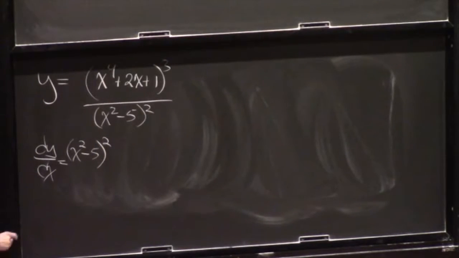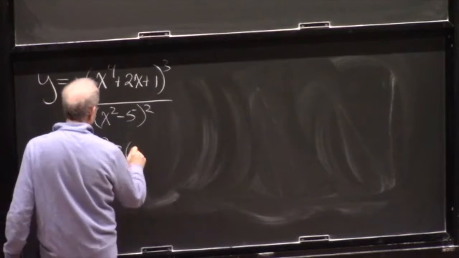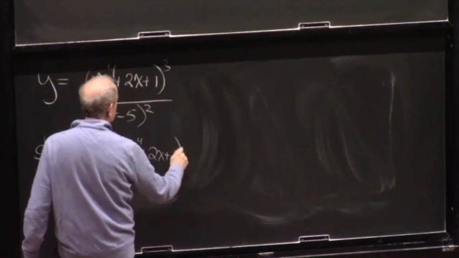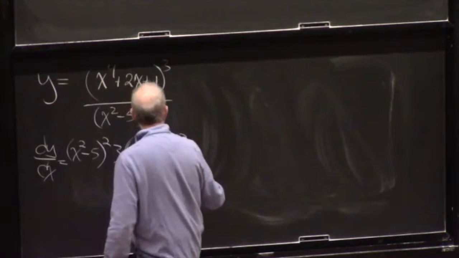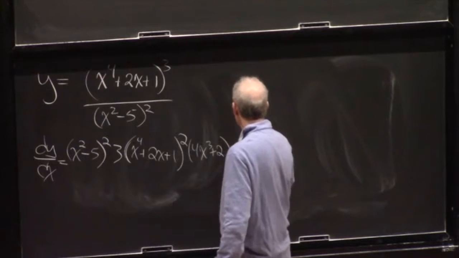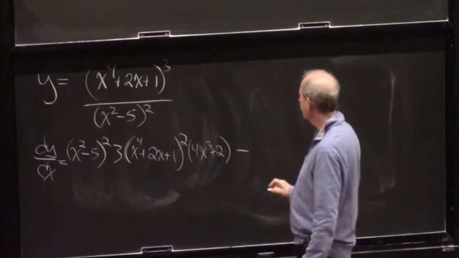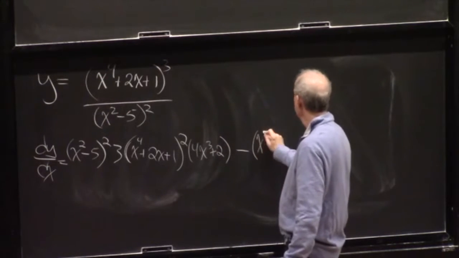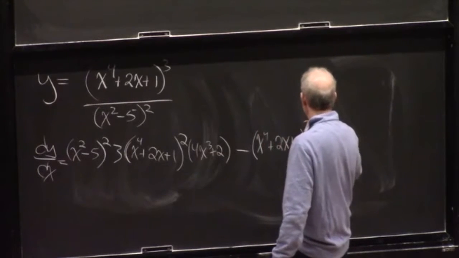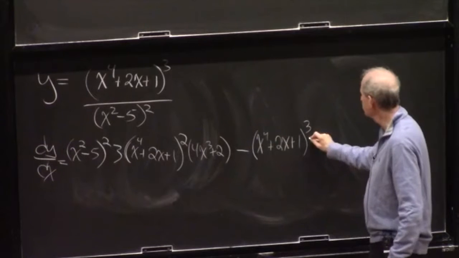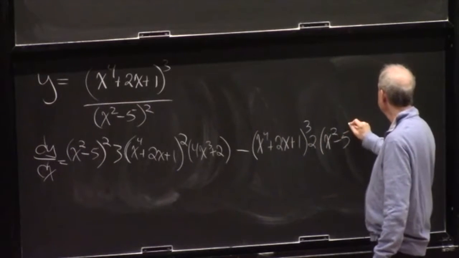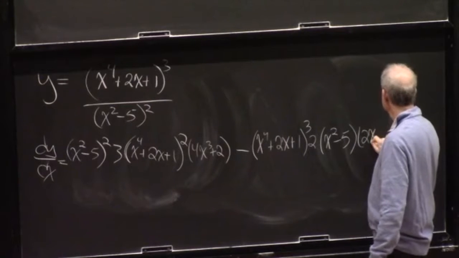The top is 3 times (x to the fourth plus 2x plus 1) squared times (4x cubed plus 2), minus, other way around, (x to the fourth plus 2x plus 1) cubed times the derivative of the bottom, which is 2 times (x squared minus 5) to the 1 times 2x.